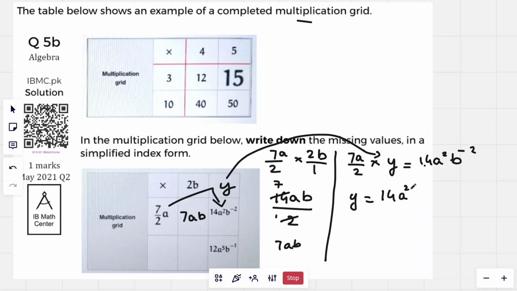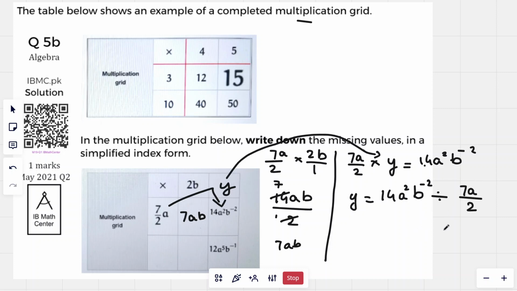14a squared b to the power negative 2 divided by 7a over 2. Right.